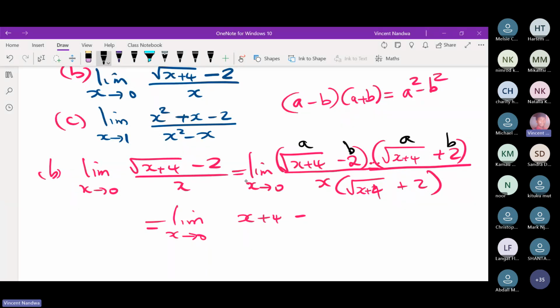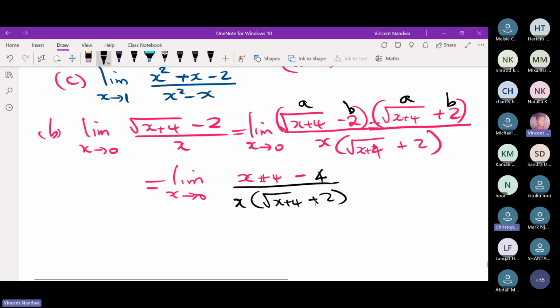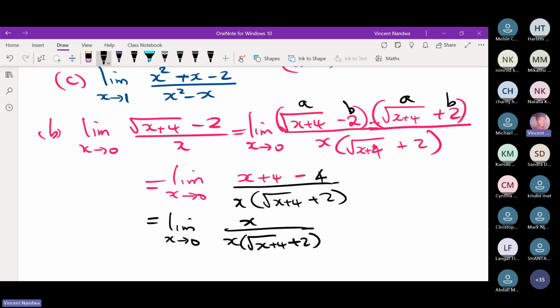So the square of a means the square of root x plus 4. So square and root cancel out, so I have x plus 4. Then the square of 2, minus 4. And you need not open the bracket here. Leave it the way it is, x plus 4, then plus 2. So x plus 4 minus 4 gives x, over x into square root of x plus 4, then plus 2.